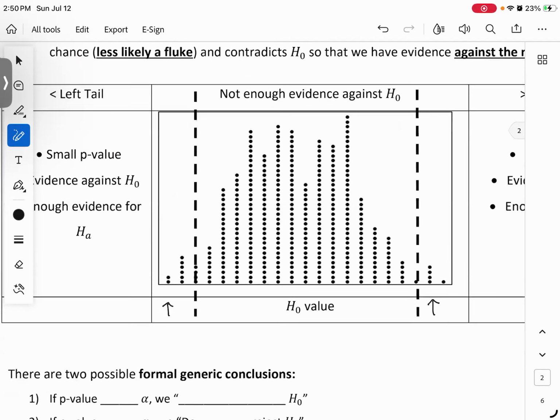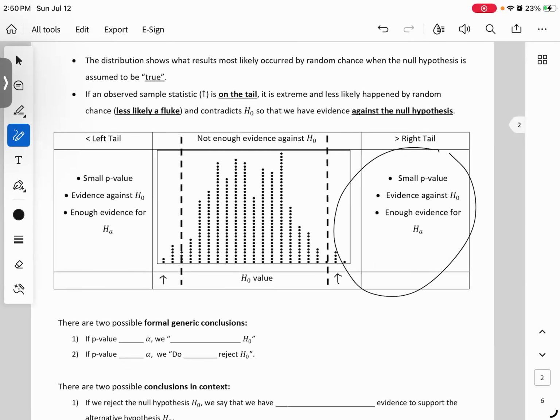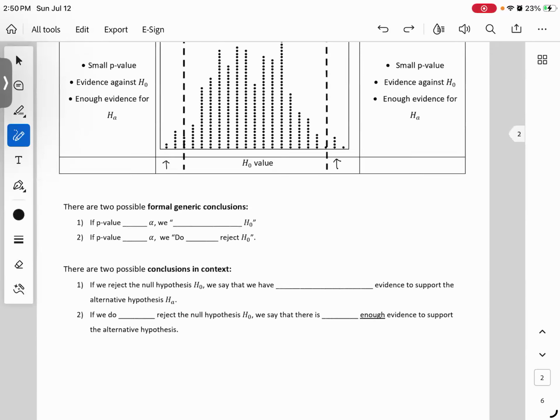And anything that's way out on these tails are the things that are going to have smaller p values. They're also going to be the things that give us stronger evidence to argue in favor of the alternative.